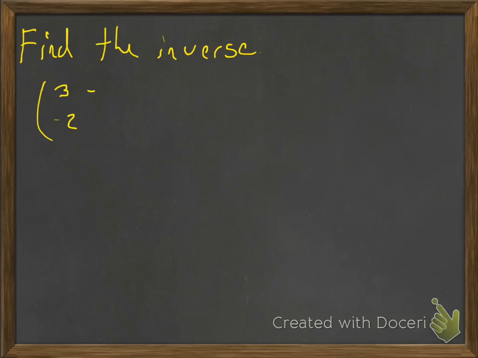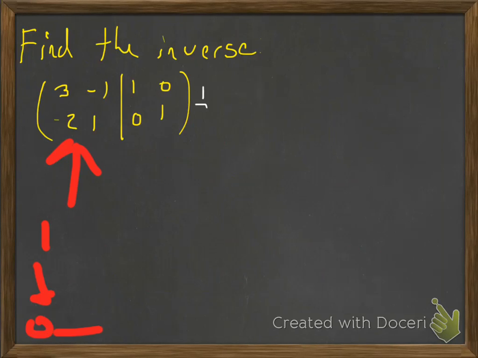But if we want to do it by hand, what I do is I take the coefficient matrix and I augment it with the identity. I'm going to do Gauss-Jordan on the left side of the matrix, and whatever happens to the left happens to the right, and the right matrix when we're all done is going to be the inverse.